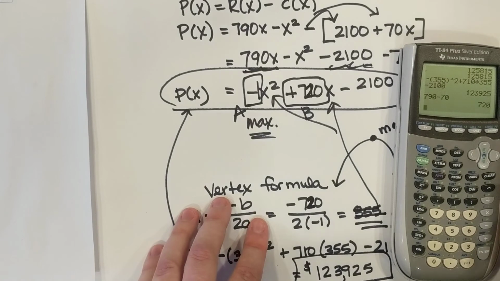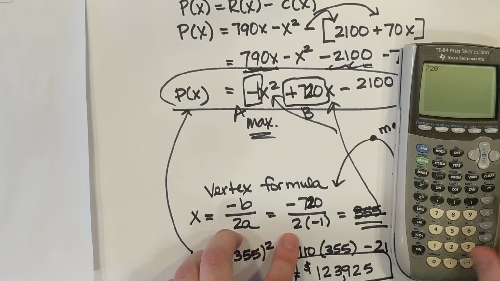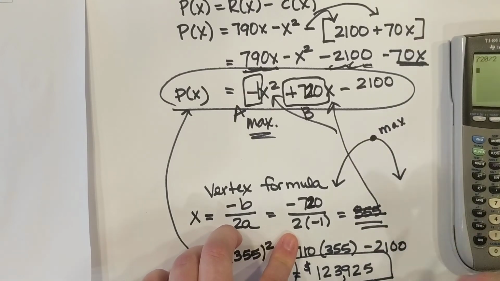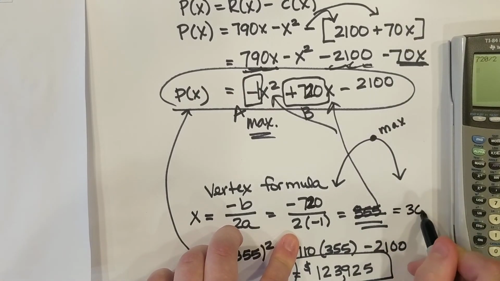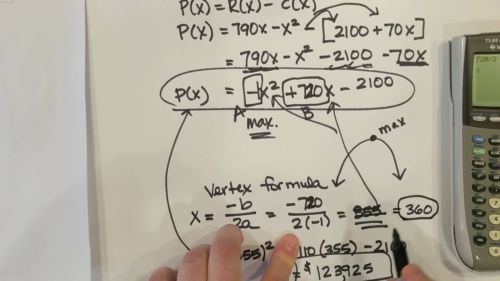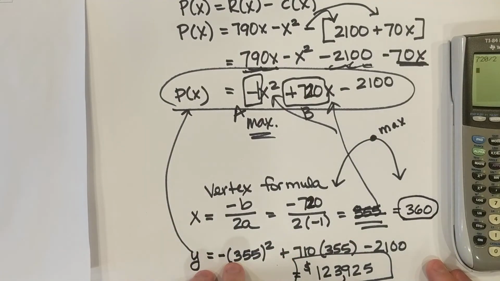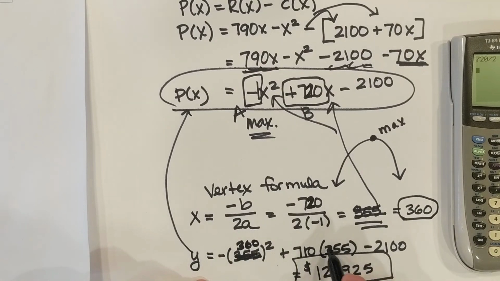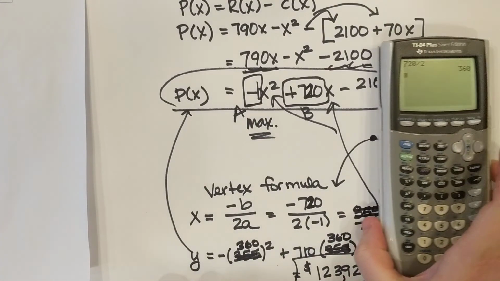I've got 720 divided by 2. Those negatives would cancel out. 360 would change that answer, so that goes up by 5. And then down here, I would type in 360 in my calculator for these numbers instead of the 355.